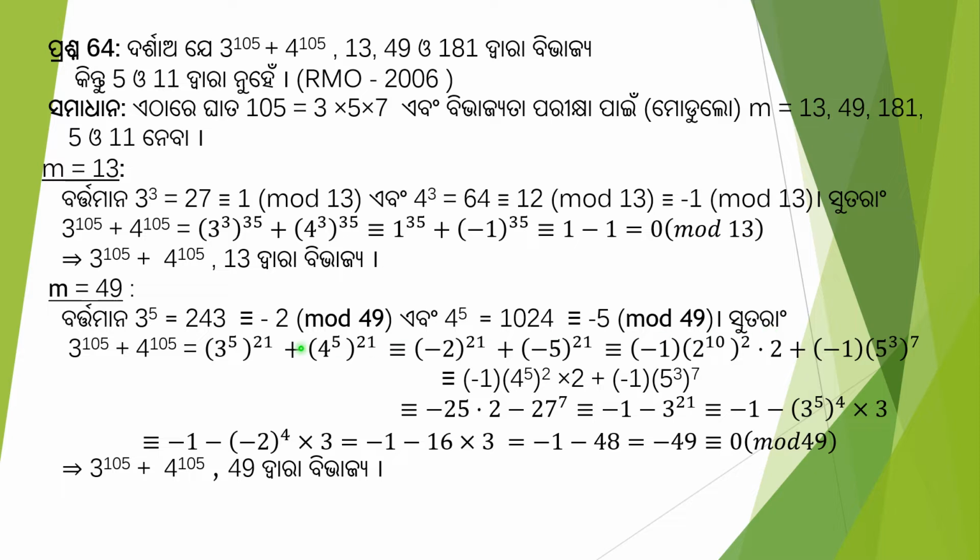Hence 3^105 + 4^105 = (3^5)^21 + (4^5)^21, that is congruent to (-2)^21 + (-5)^21, because we see that 3^5 is congruent to -2 and 4^5 is congruent to -5.